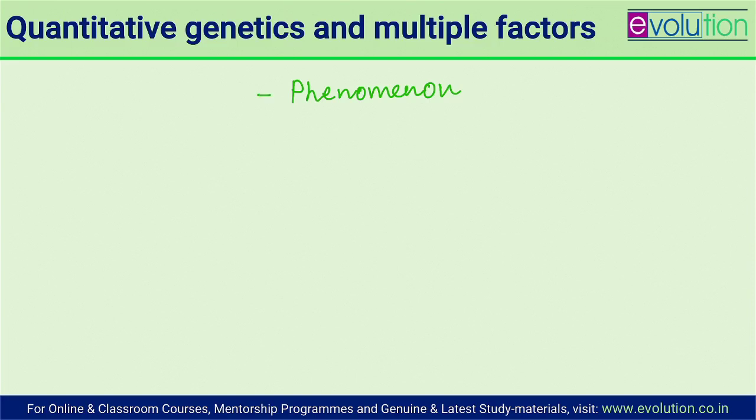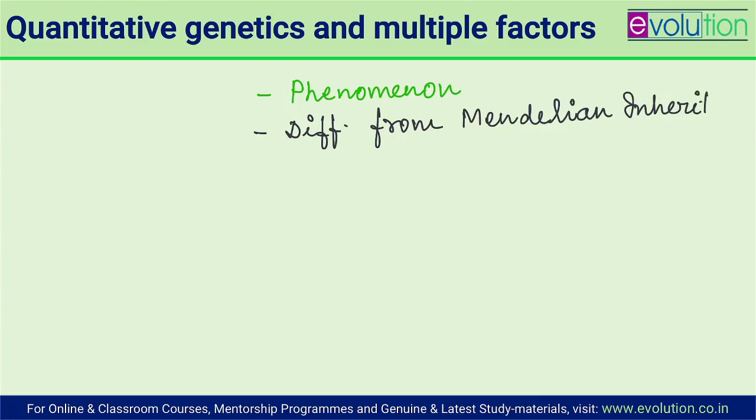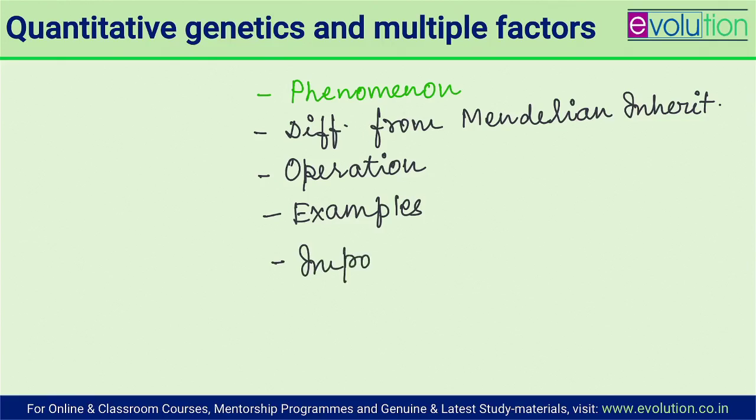How does it manifest, etc. Then difference from Mendelian inheritance, its operation, examples, and importance.